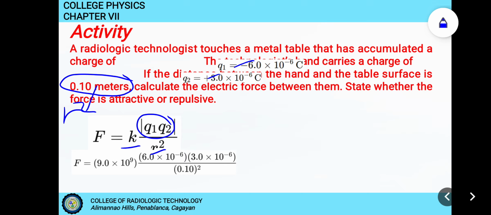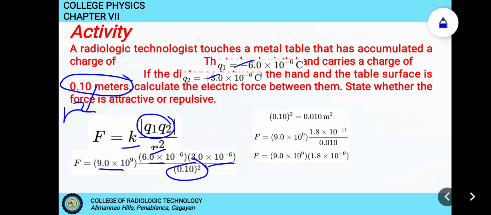Sabi niya dito, we have K here. We have the Q sub 1 and Q sub 2. And then we also have our r squared here. Giving us an answer. We have here the conversion of our distance, and we also have here the substitution. So, minultiply lang po itong dalawang ito.